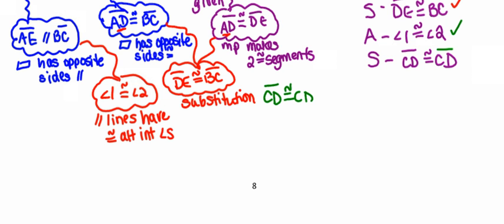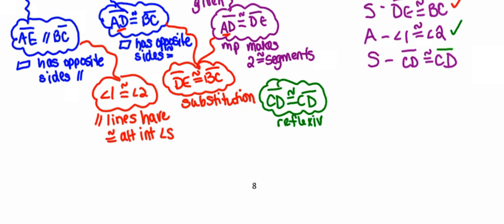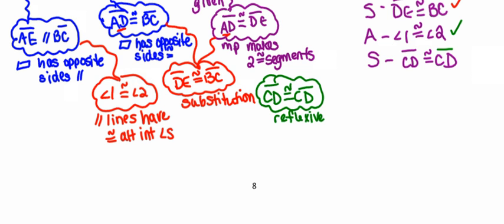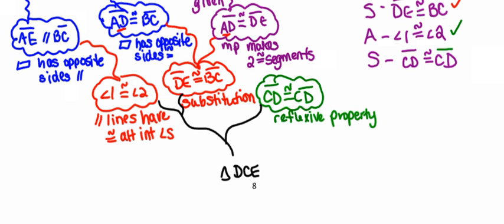And we know that's a true statement because of the reflexive property. So at this point, I've discussed everything I needed to discuss in order to make these triangles congruent to each other. I can lastly go ahead and say that they're congruent by side angle side.